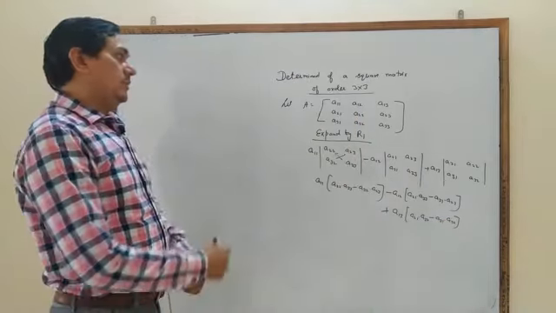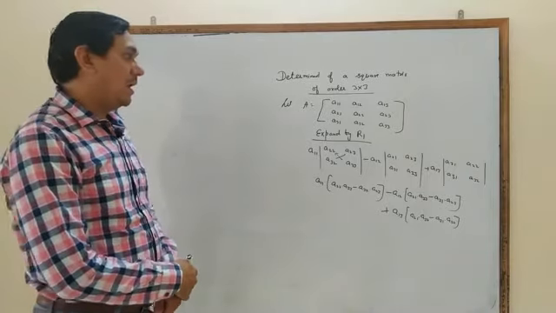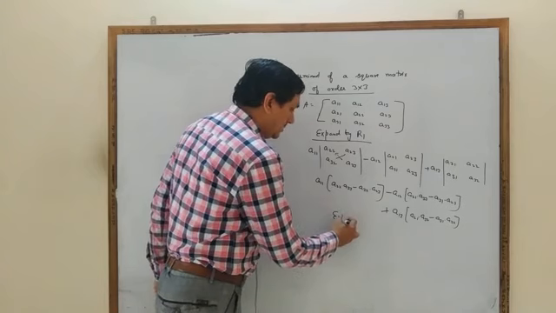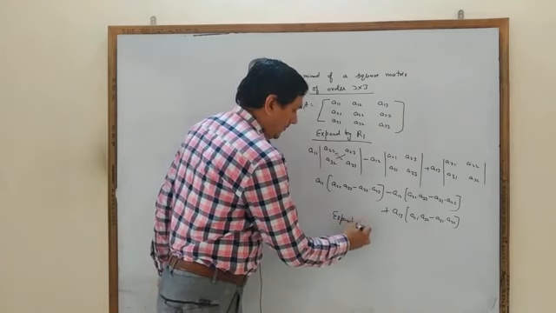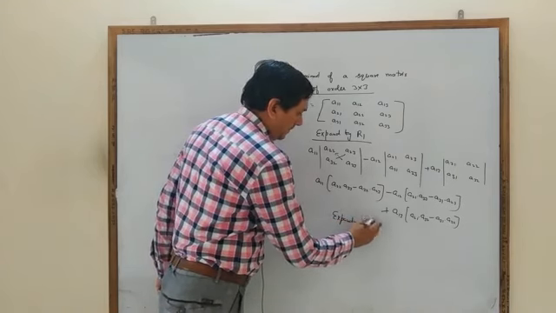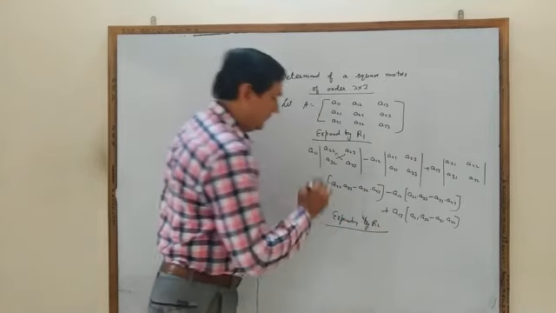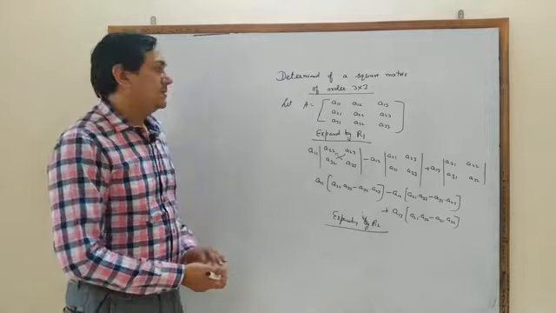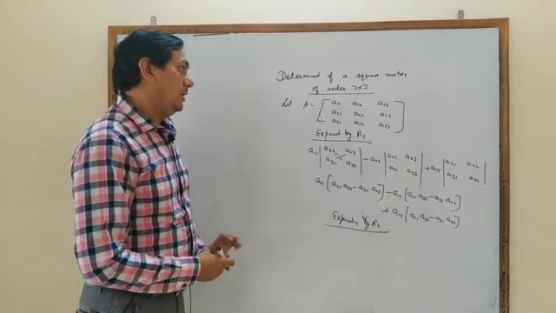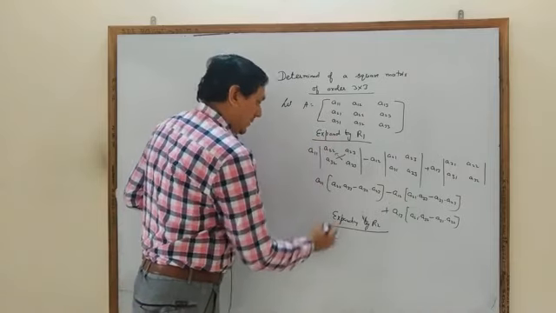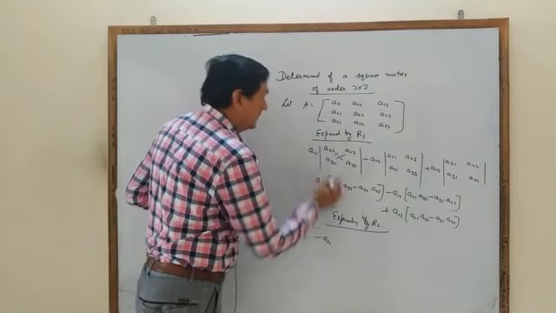We can also calculate it by expanding by R2. Expanding by R2 means, just like R1, we shall use the elements of R2 and we shall start with a negative sign: minus A21.